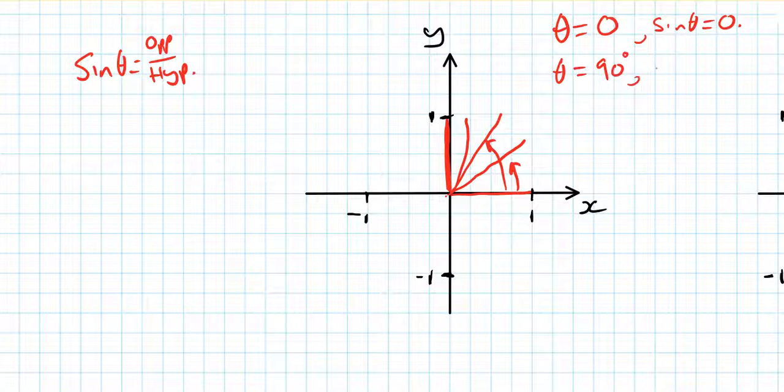And so what would the sine of theta be there? Well, that opposite is that y coordinate, the y-axis. That's going to be 1. The hypotenuse is going to be 1 too. So therefore, at 90 degrees, sine theta is equal to 1. And you can check this on your calculator.